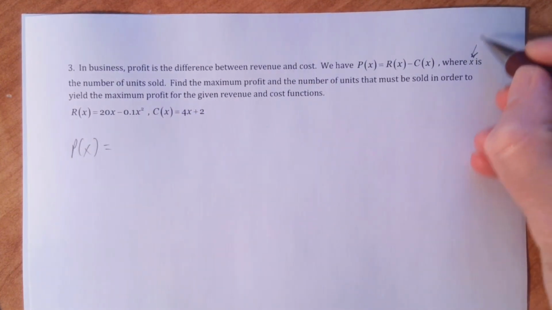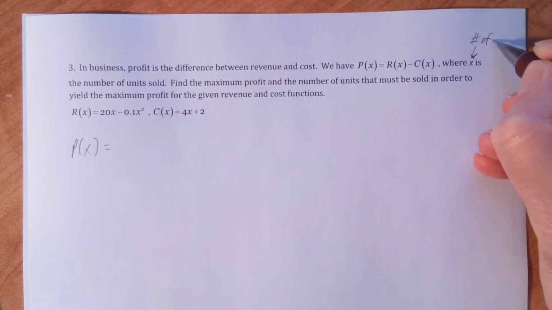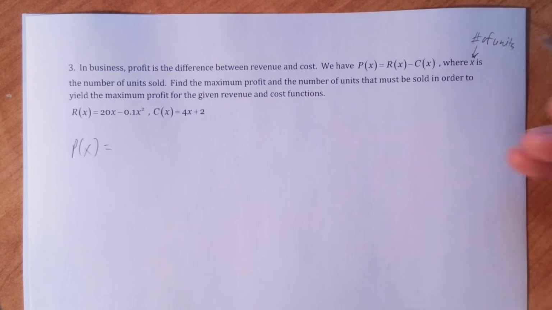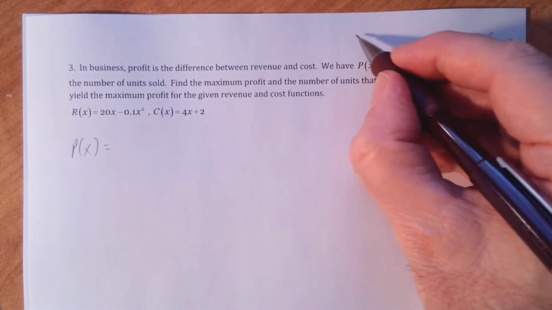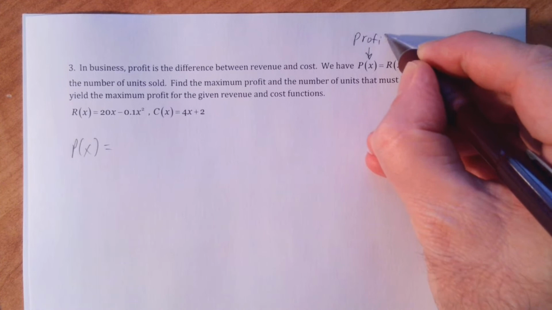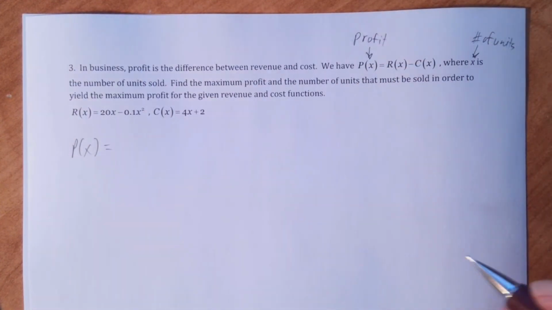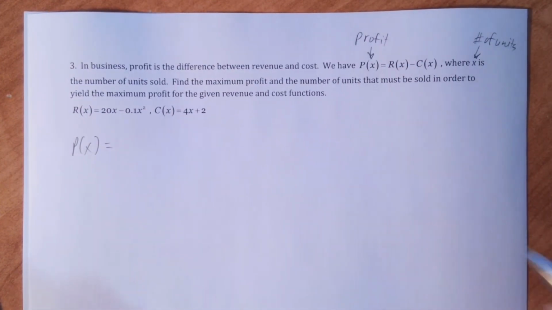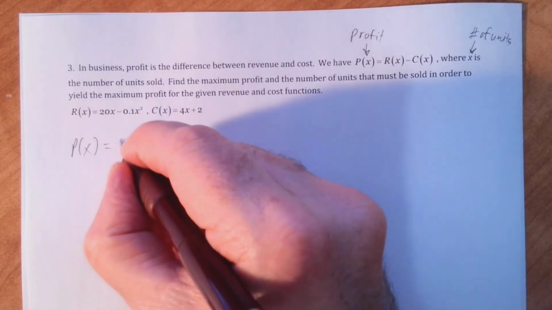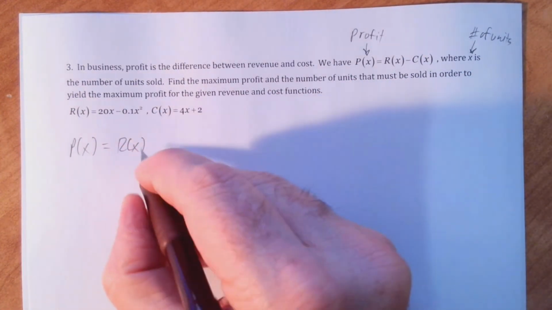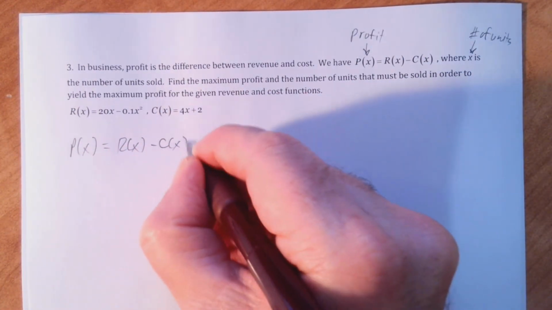X is the number of units. And of course, P of X is your profit. So we're going to look for the maximum value of this profit function. Well, this is R of X minus C of X.